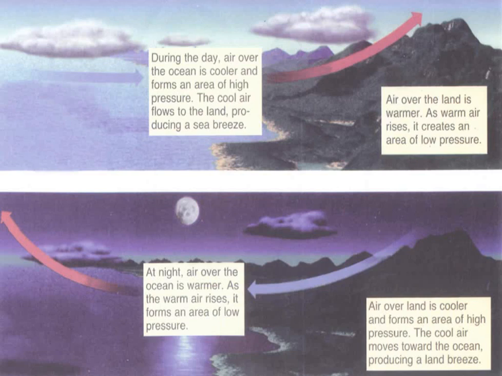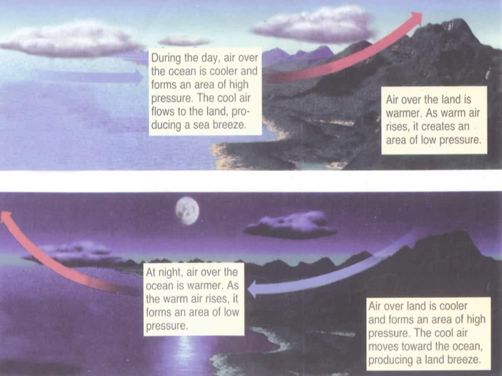The cool air flows to the land, producing a sea breeze. Air above the land is warmer. As warm air rises, it creates an area of low pressure. So we said that cold air produces high pressure, but warm air produces low pressure. That's why the air above the land is warmer and rises, and the area is low pressure.